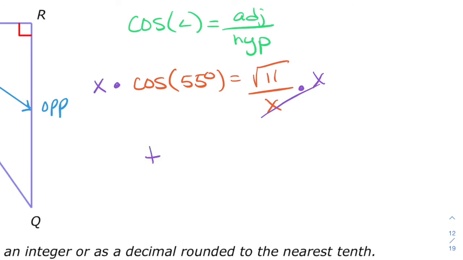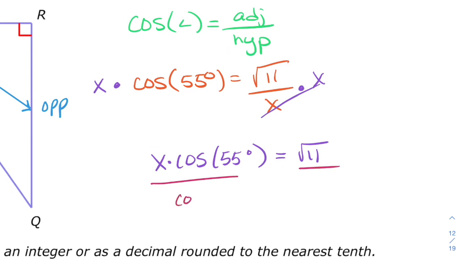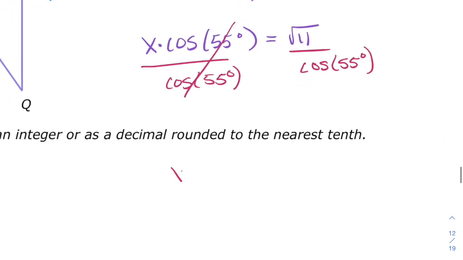So x times cosine of 55 degrees equals the square root of 11. And just like you did before, divide by cosine of 55. And you get x is equal to the square root of 11 over the cosine of 55.